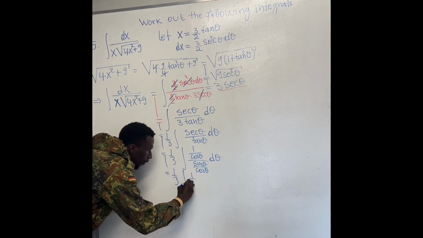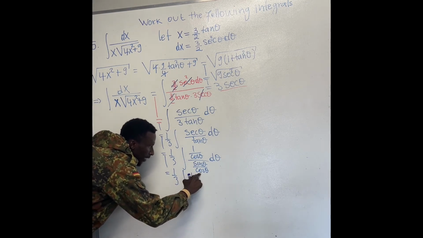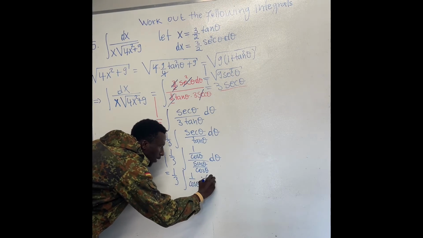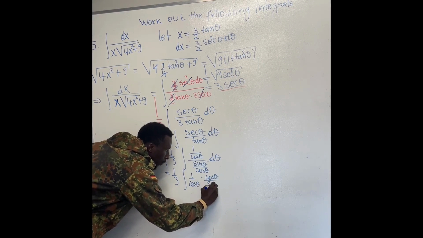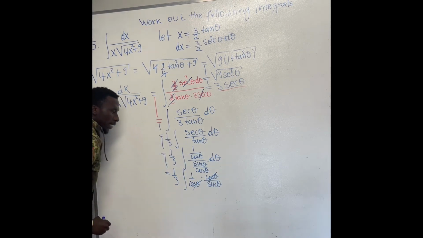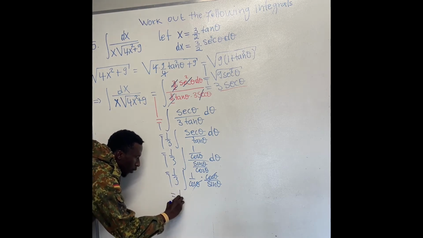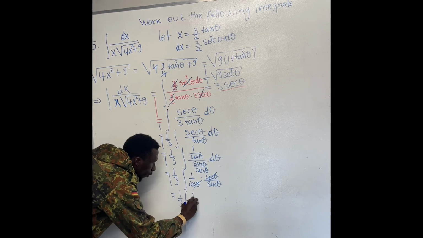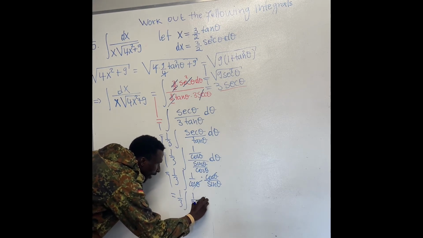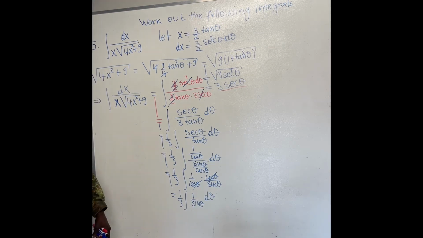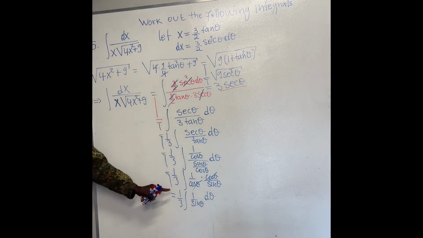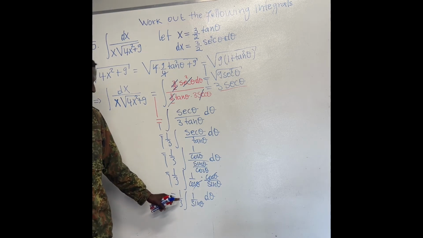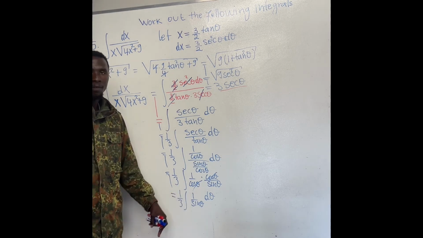We have 1 over cos, and then this cos goes on top, and the sine is down, so we can cancel it. So we are left with 1 over 3 the integration of 1 over sine theta d theta.